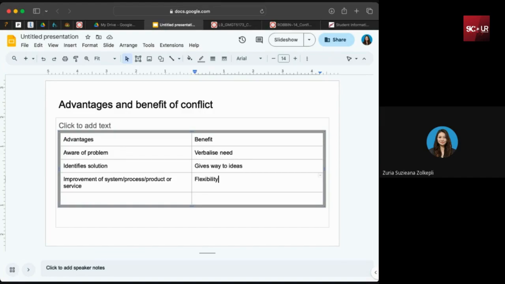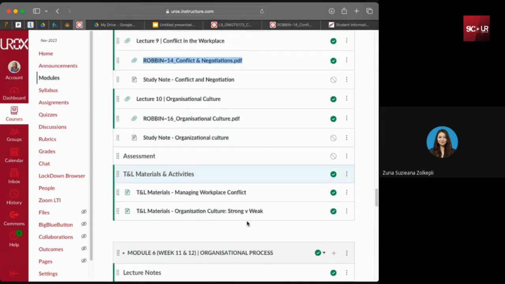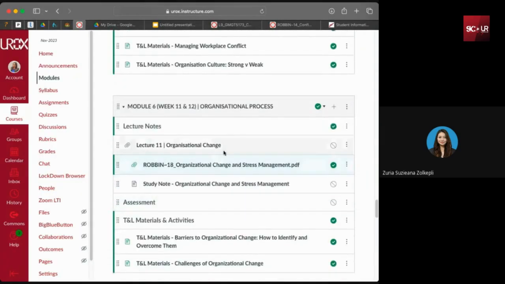If we practice that kind of behavior, it doesn't show that you are flexible to change, because working in an organization, we have to adapt to changes. Even we have one topic, organizational change.